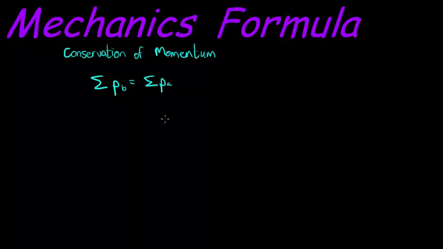That's what you will use when you have two objects colliding and you want to know the velocity before or after, if you're given some other information. You will also not use it in an elastic collision, because in an elastic collision you are using the formula that the sum of the kinetic energies before is equal to the sum of the kinetic energies after.